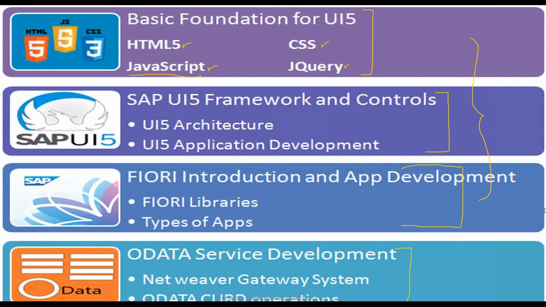We learn about all the association, image processing, function import concepts related to OData development on the backend side. And finally, we will integrate our UI application with this OData service together and build an end-to-end Fiori application and finally deploy that on our gateway server, giving access of this application to our end users.